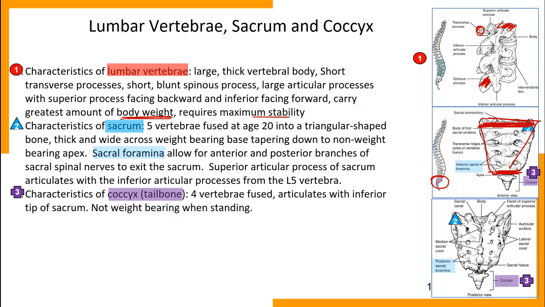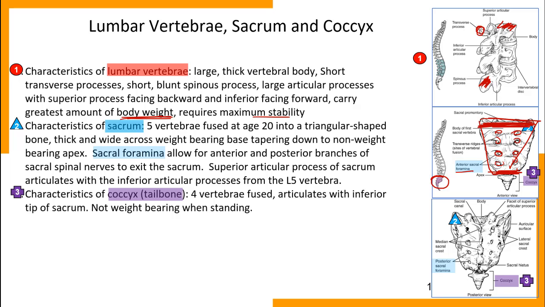You've got these holes. So foramina sounds like foramen. Foramen means hole. Foramina means small holes. That allows the spinal nerves to exit the spinal cord and travel to the various parts of the body that it provides nerve signals to.